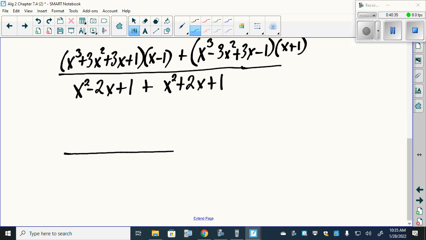Now, the denominator, we can do some simplification. The 2x and 2x would be gone, really, for the first one, because we have 2x squared plus 2 in the denominator.